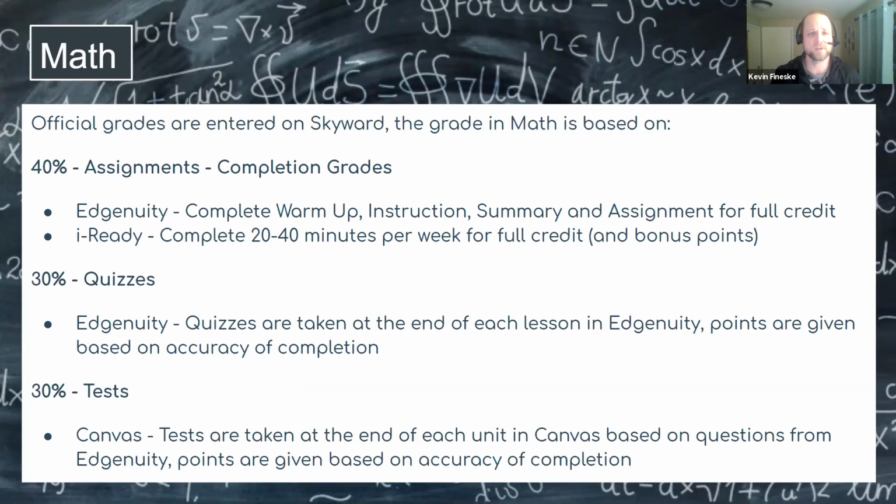So we ask that students complete 20 to 40 minutes per week to receive participation credit for that. We also have 30% designated for quizzes, which are based in Edgenuity and are taken at the end of each lesson. And we also do 30% for tests, which are taken on Canvas using material pulled off of the Edgenuity course website.